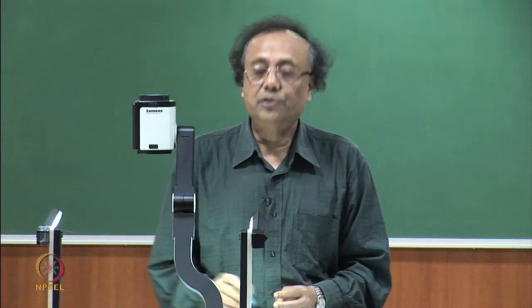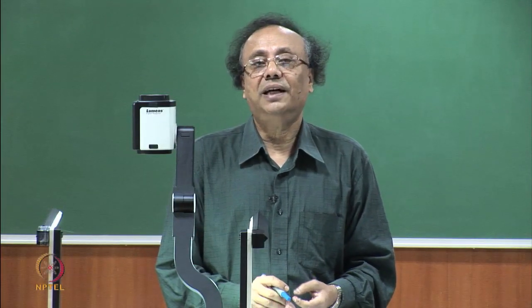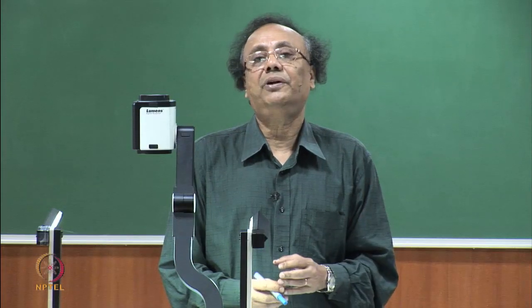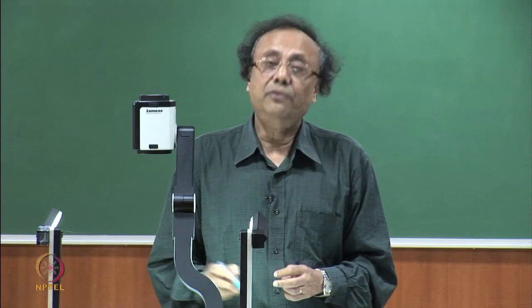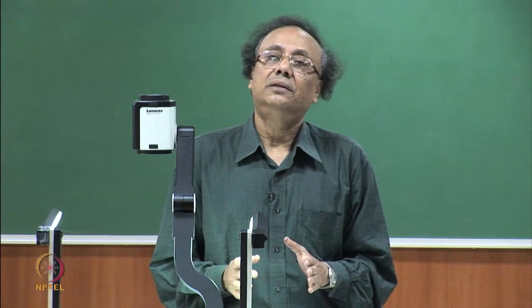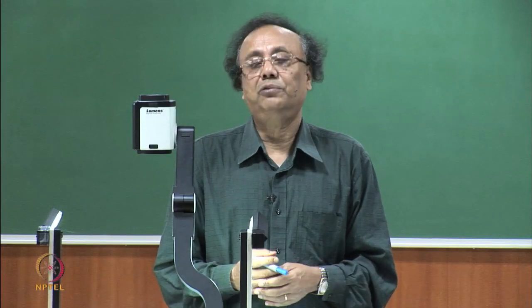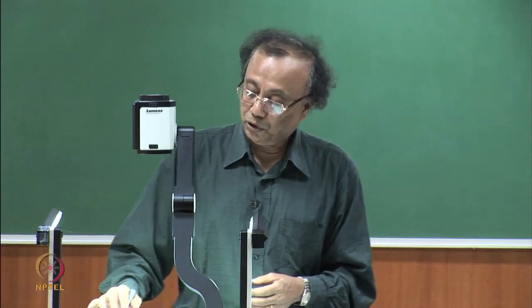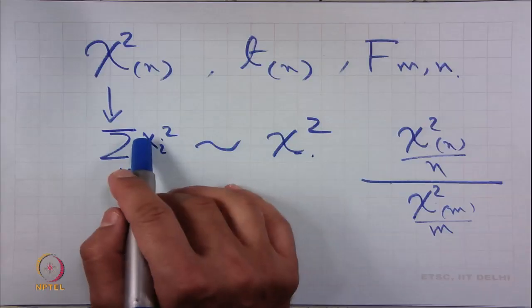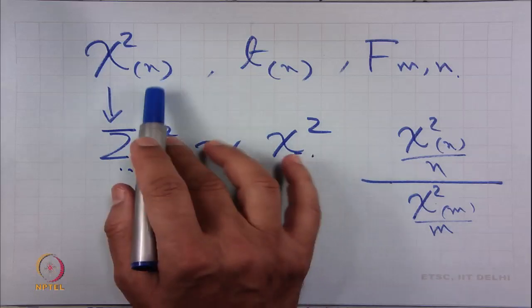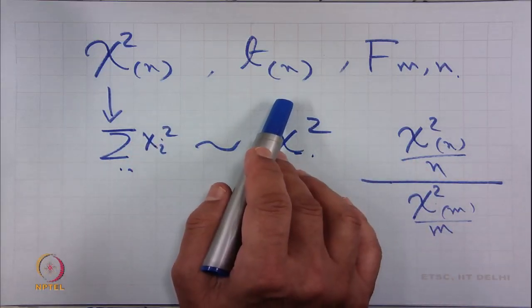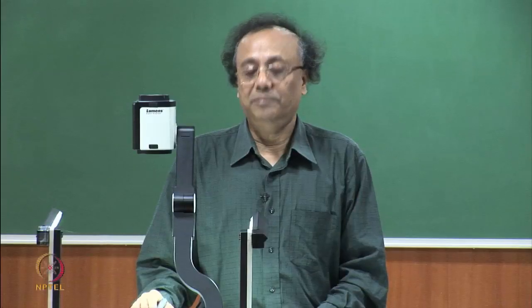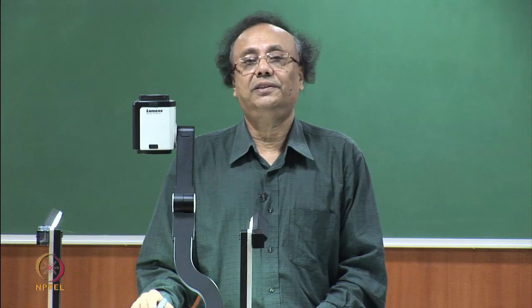N actually means the sample size, that is, how many samples you are taking from a normal population. When we want to infer about one particular population or want to compare between two populations, we will be using these random variables in an effective way. We shall discuss that in my subsequent lectures.